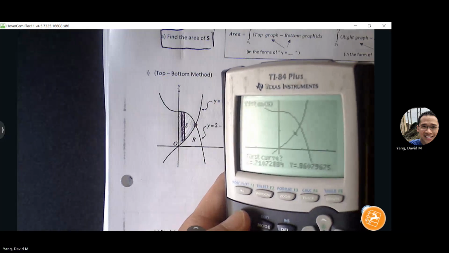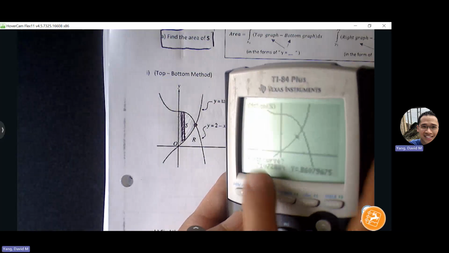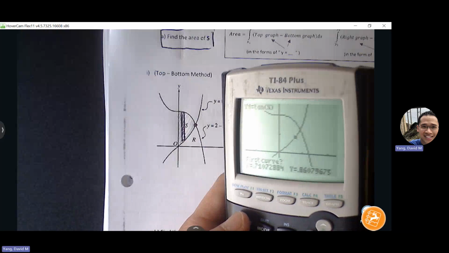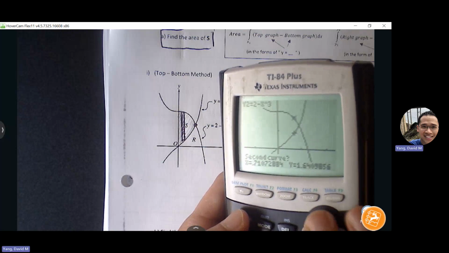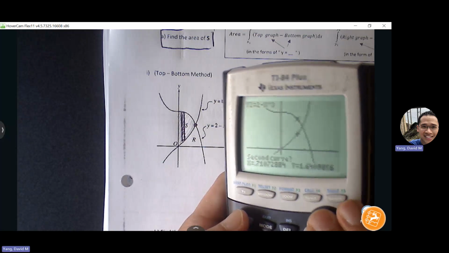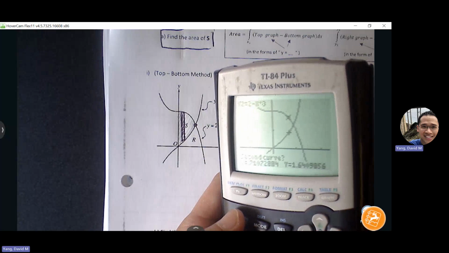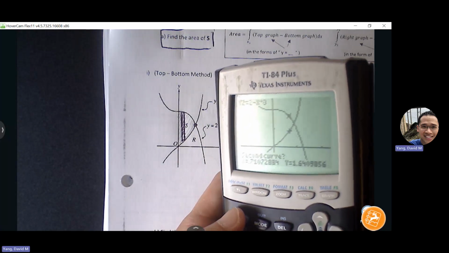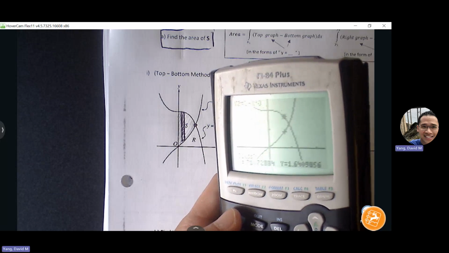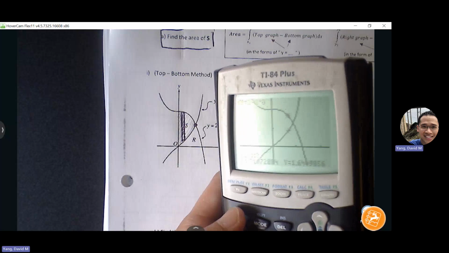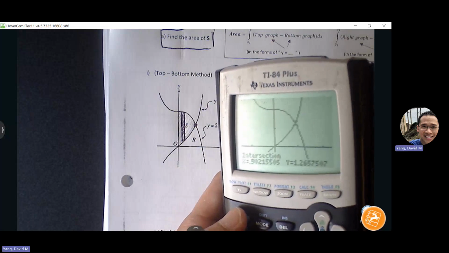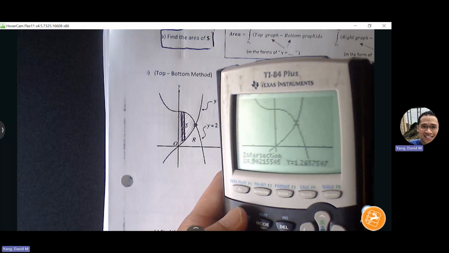Hit enter. And the calculator is going to say first curve. So it just wants to know which two curves you are dealing with. I know there's only 2 here, but they still want you to tell the first curve. And then if you toggle using up and down arrow, you should be able to see a blinking cursor on the other curve. Hit enter again. And now the calculator will find the intersection closest to those 2 points that you identify for it. I know that we only need the x value, but let's go ahead and write the x and y value.